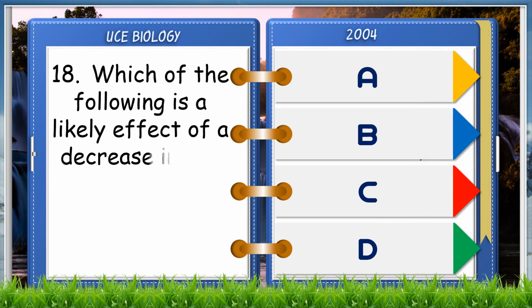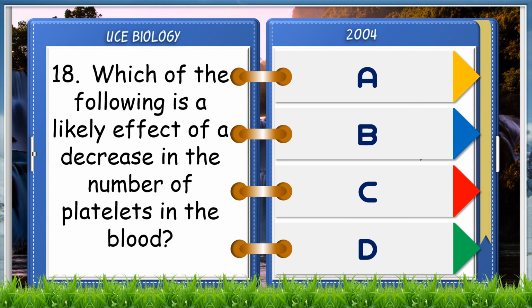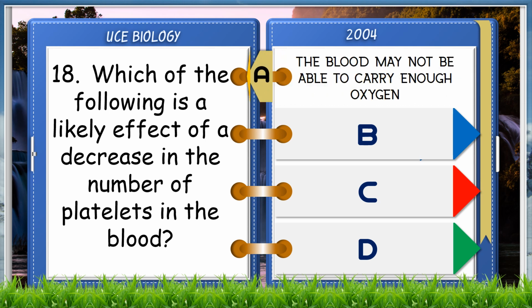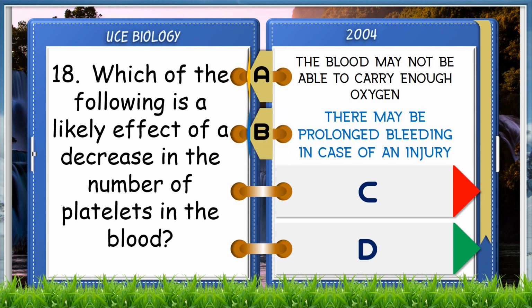Which of the following is a likely effect of decrease in the number of platelets in the blood? A. The blood may not be able to carry enough oxygen. B. There may be prolonged bleeding in case of an injury.